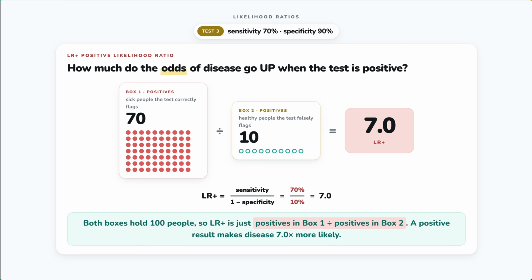Remember, everyone in box 1 are diseased people. Positives in box 2 is a false positive because remember, everyone in box 2 are healthy people. It could also be said that positives in box 2 is false positive rate because there are just 100 people. If you think about it, that is the complement of specificity, or 1 minus specificity, a test failing to identify healthy people.